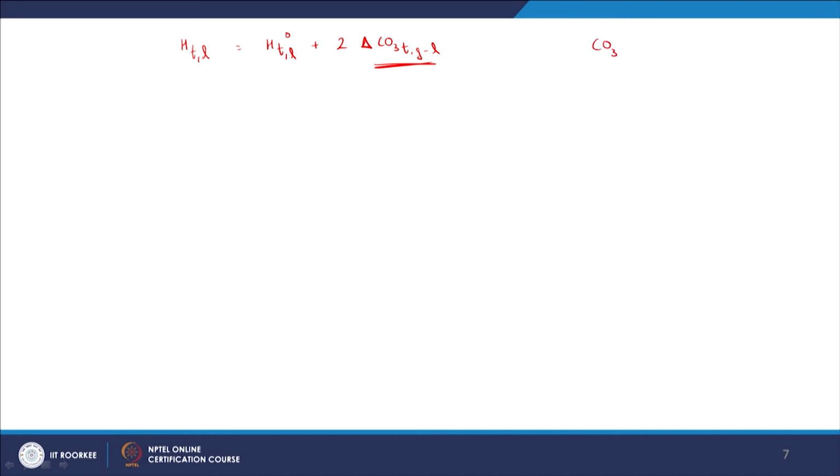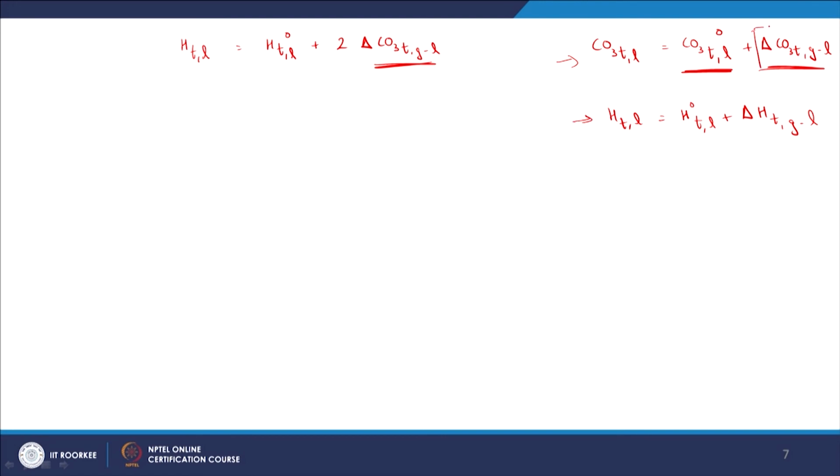We know that CO3 total in the liquid phase at equilibrium is going to be equal to CO3 total in the liquid phase initially, again this is initial, so we know what this value is, plus the change in CO3 total from gas to liquid. Again, this is similar to what we derived earlier with respect to H total liquid, which is equal to H total initially in the liquid plus delta H total change from gas to liquid, right?